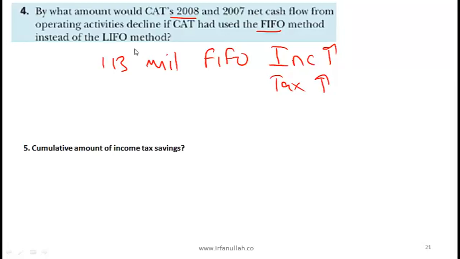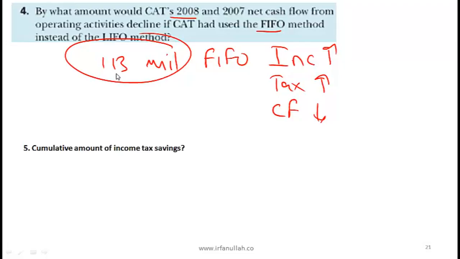The tax will go up by 113 million. Is tax a real cash flow? It's a very real cash flow. So if the tax goes up, that means your cash will come down. There are other little subtleties that we don't need to get into, but effectively the cash goes down by this much. That is the benefit of using LIFO.